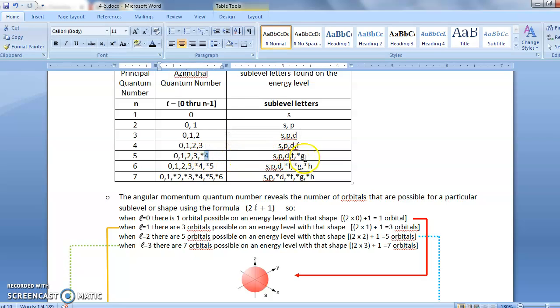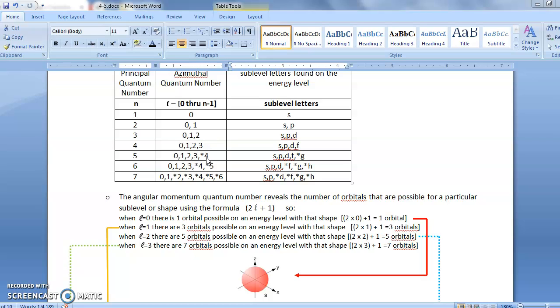The g is actually not needed. The g would have a second number of 4. So how many orbitals would make up the g if they needed it? If you remember, you take the second number times 2 plus 1, and that gives you the number of orbitals.